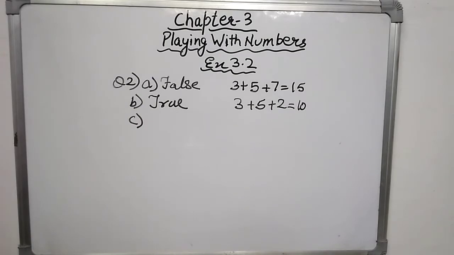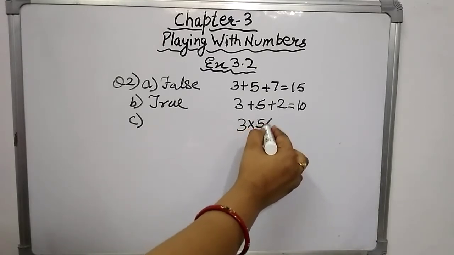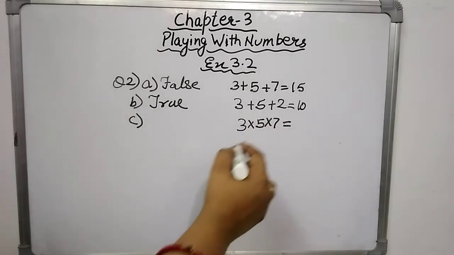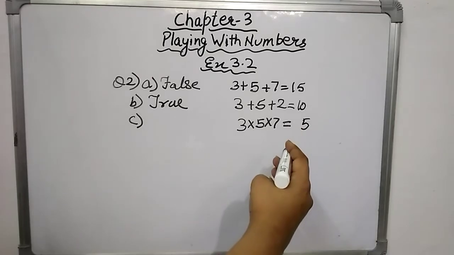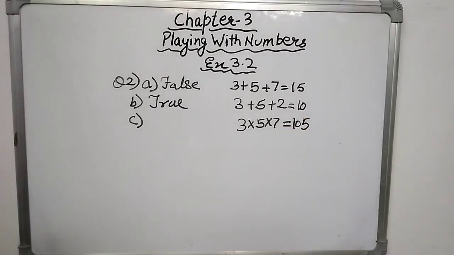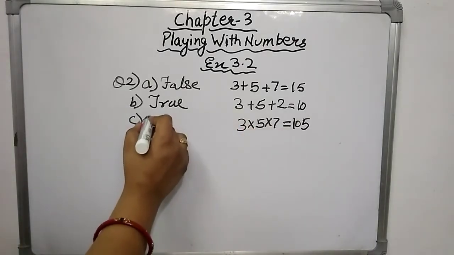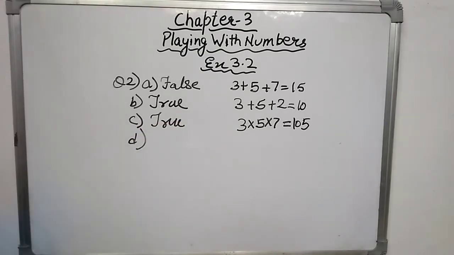Next is the product of three odd numbers is odd. Let's multiply these three odd numbers. And your answer is an odd number. You will always get an odd number. So this statement is again true. Next statement.